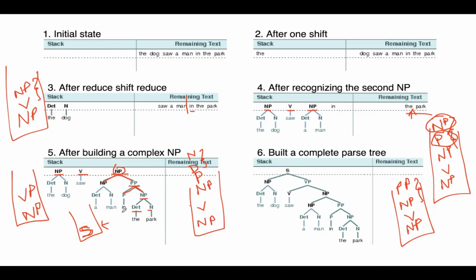You can see this in step 6: noun phrase and verb phrase are reduced to S. Now the stack contains only S. This is how we use a shift reduce parser for parsing the given input string. This is the process for the shift reduce parser.